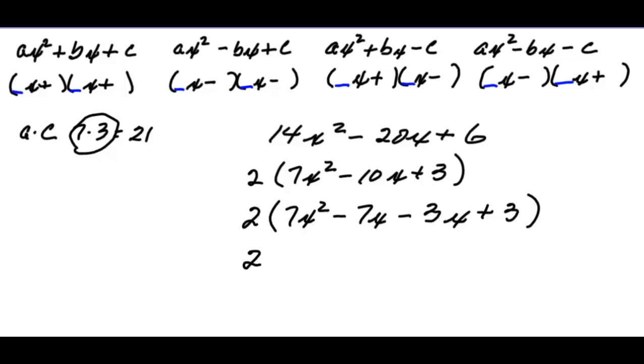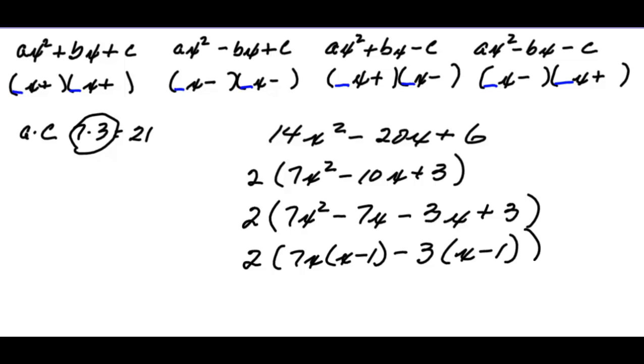So now I get 2 times 7x times the quantity x minus 1. And I pull out a negative 1. I'm sorry, take that back because it's 3. I'm going to pull out a negative 3 times the quantity x minus 1.